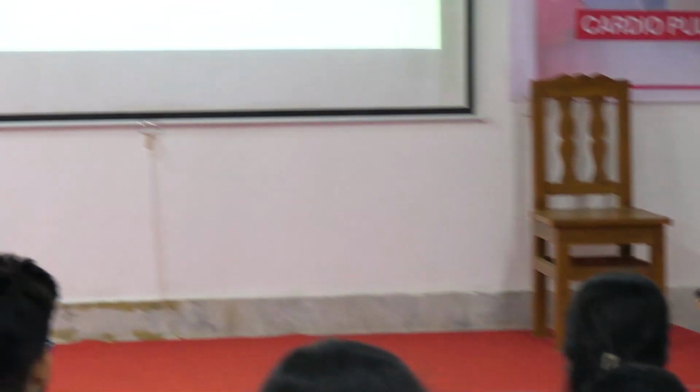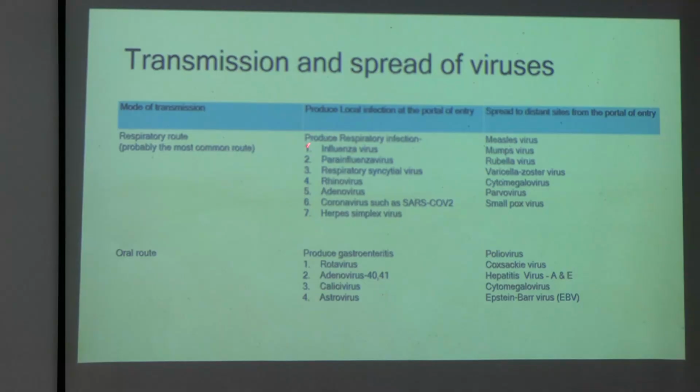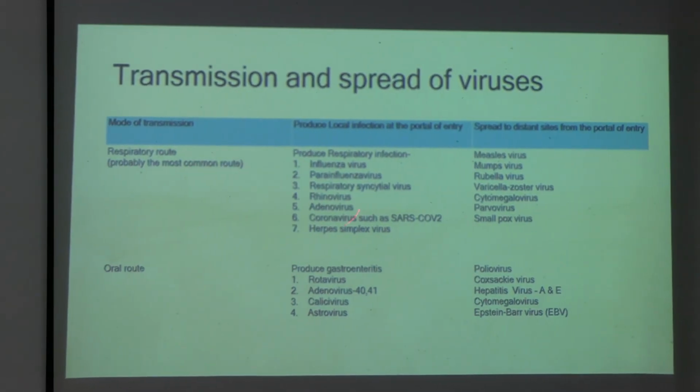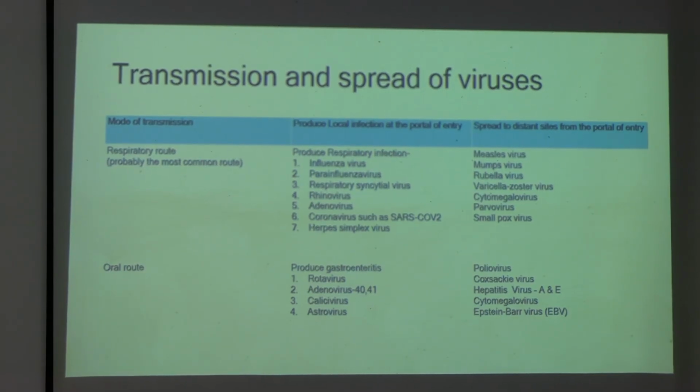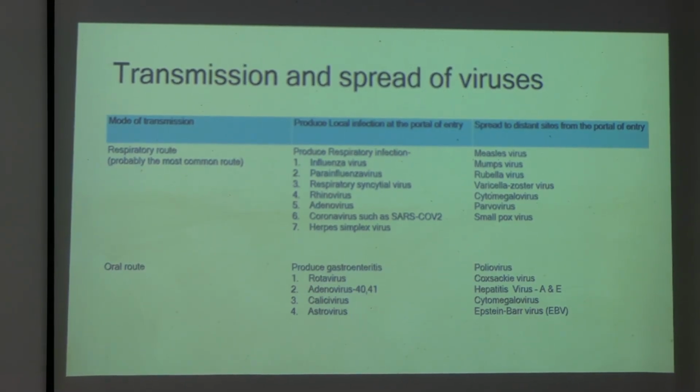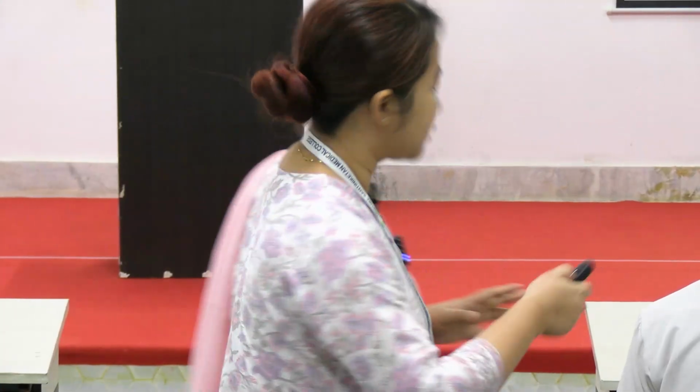See, parainfluenza virus produces infection at the site of portal entry. So the route of transmission for them is the respiratory route. What type of manifestations do they cause in the host? Respiratory symptoms at the site of portal entry, isn't it?